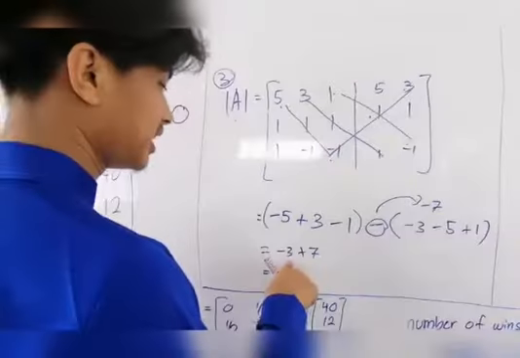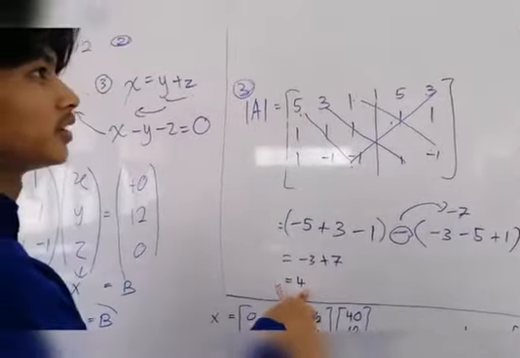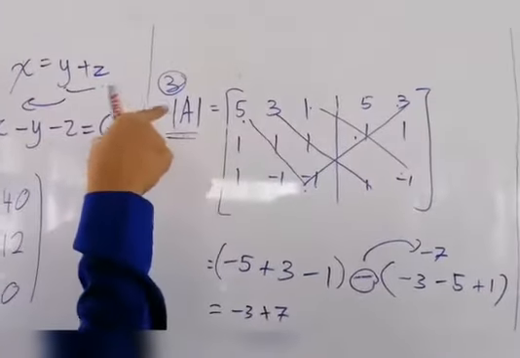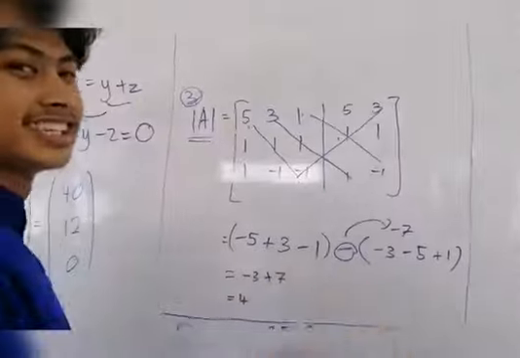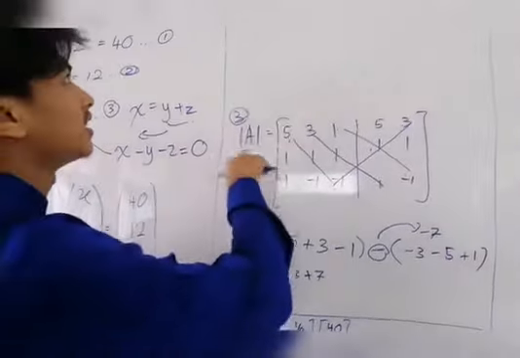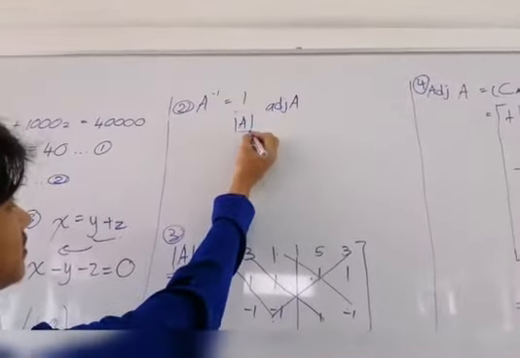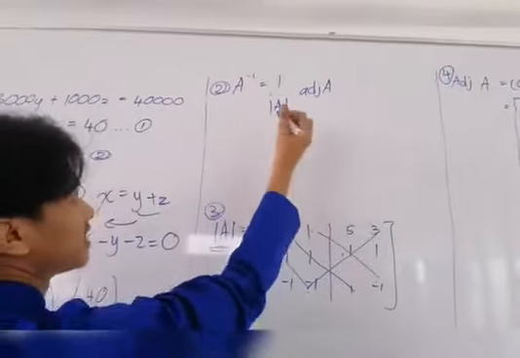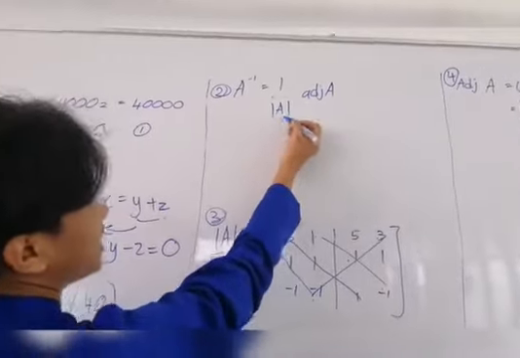So negative 3 plus 7 is equal to 4. Now we have the value of the modulus of A.